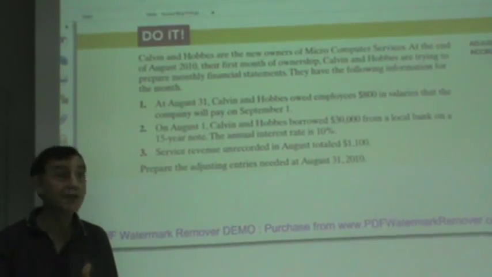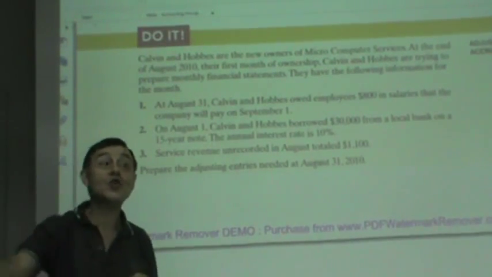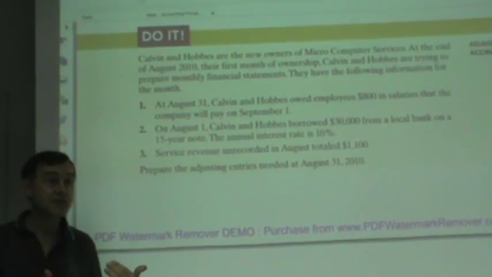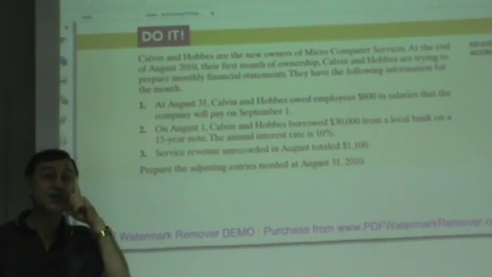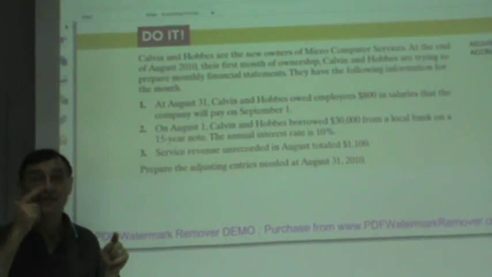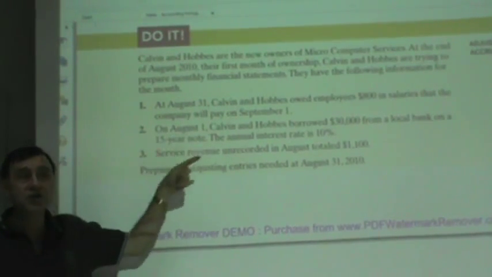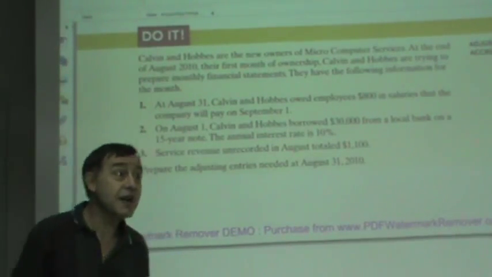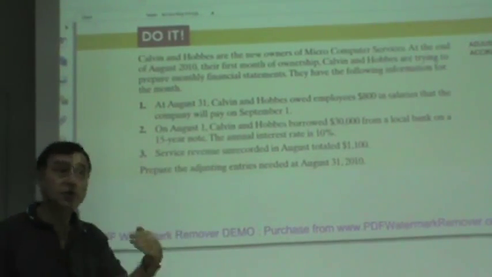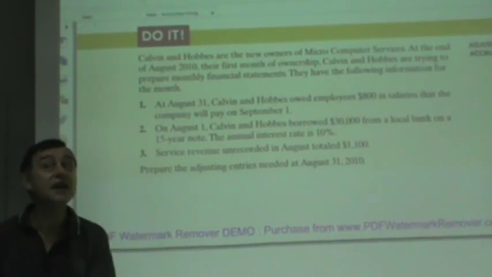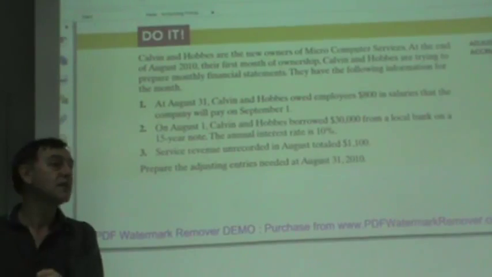And if it's a liability, this means that we'll have to credit the liability. Well, what's the debit? No cash. They don't pay it yet. They owe it. They will pay later. It's a salary, so it becomes salary expense. So it becomes debit salary expense, 800, credit salary payable, 800.